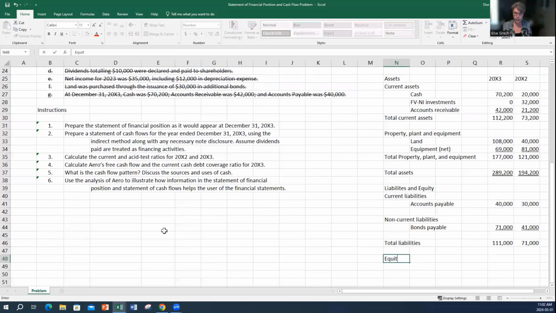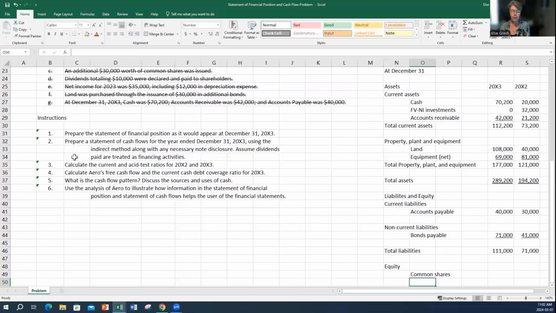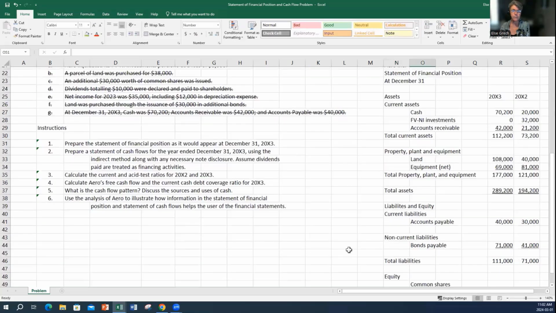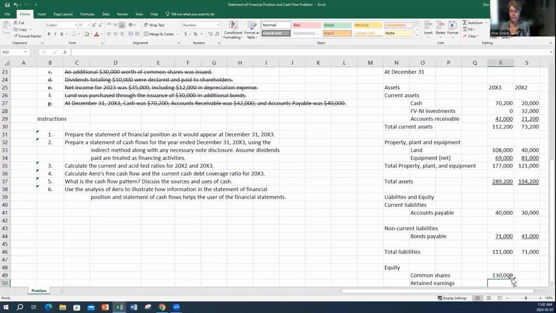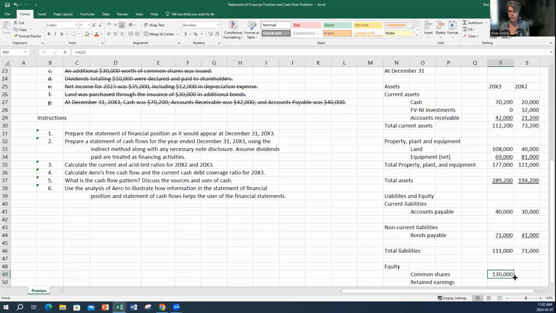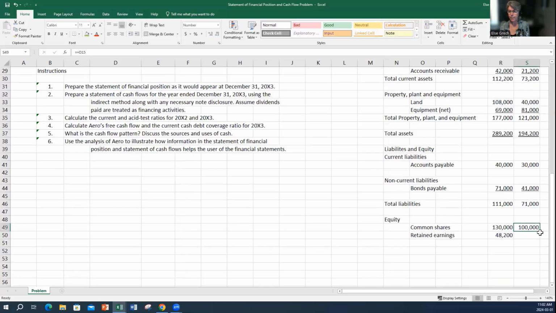And now I have equity, also called shareholders' equity. I need my common shares and then my retained earnings. I'm just going to copy this down. There we go. Single underline. Going to do total equity.